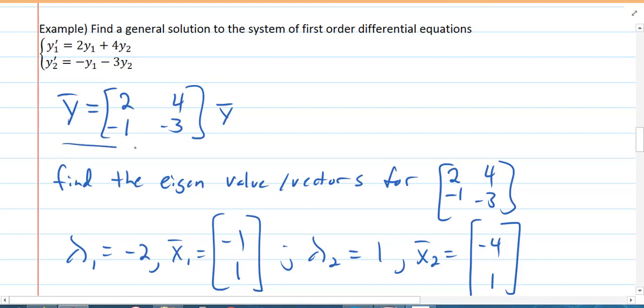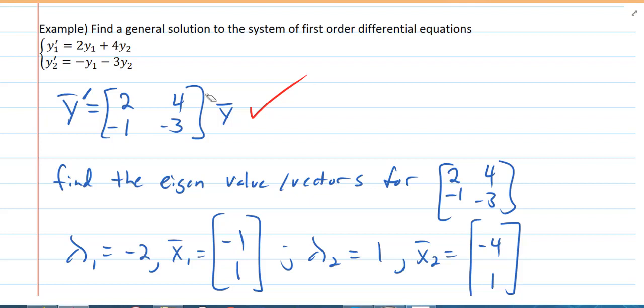So the first thing I'm going to do is write that as a matrix equation. And looks like I forgot my prime there, right? Okay, so once I do that, I recognize immediately what?